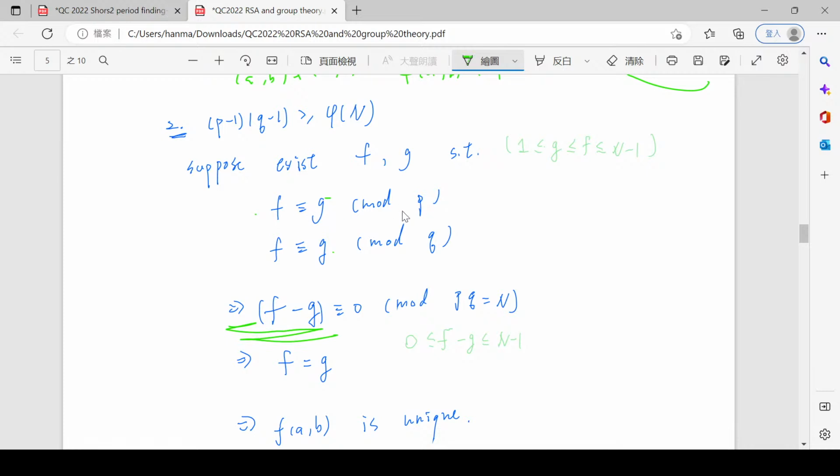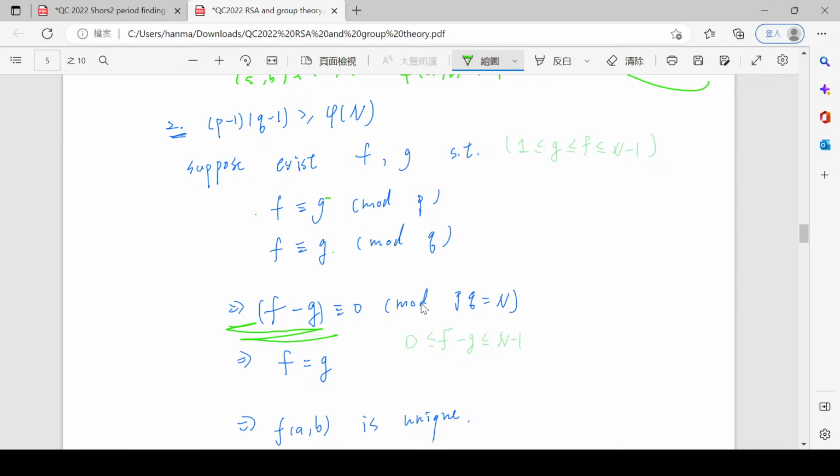So f minus g must be, well, mod p equal to 0 and mod q equal to 0. And then once again, with our fundamental theorem, it means that it must be mod pq equal to 0. This is where things happen. So f minus g mod pq equal to 0.